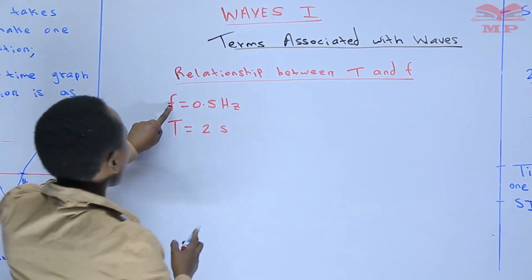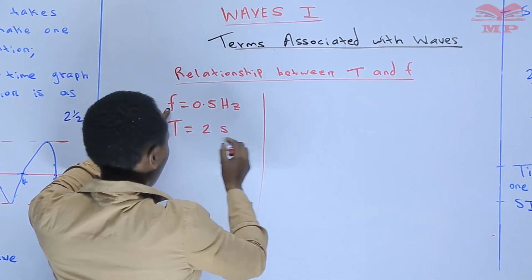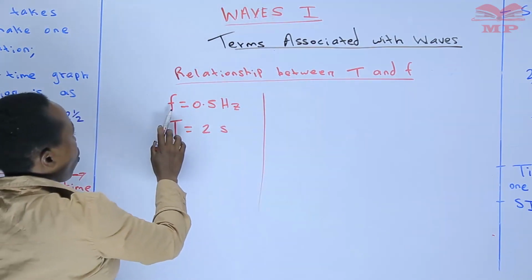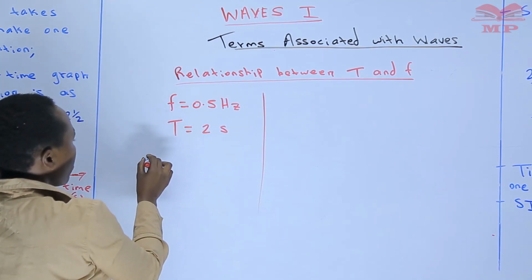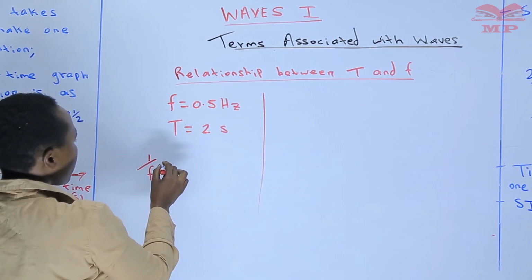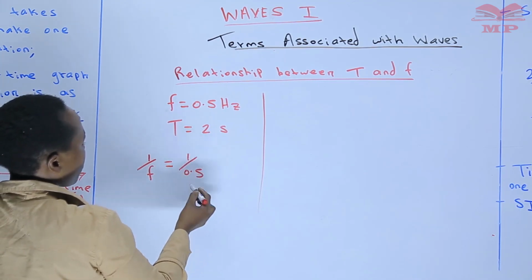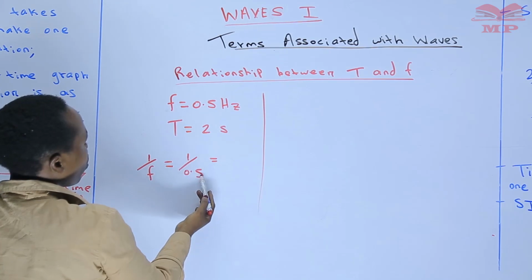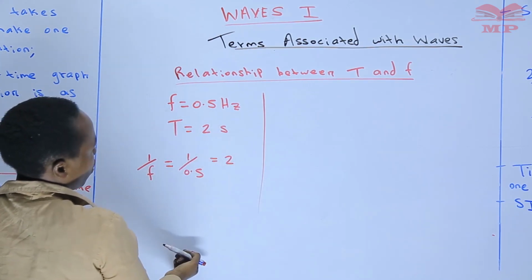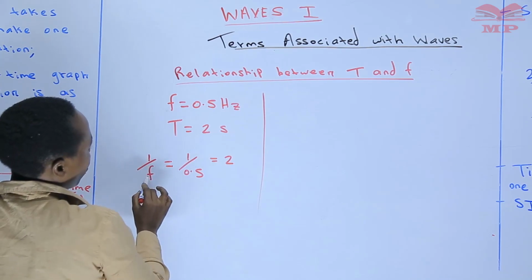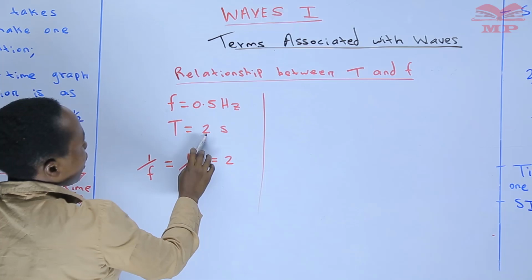Now, if we were to find the reciprocal of frequency, 1 over the frequency, we have 1 over 0.5, which is equal to 10 over 5, which is 2. Look at it. The reciprocal of frequency is 2, and 2 is the periodic time.